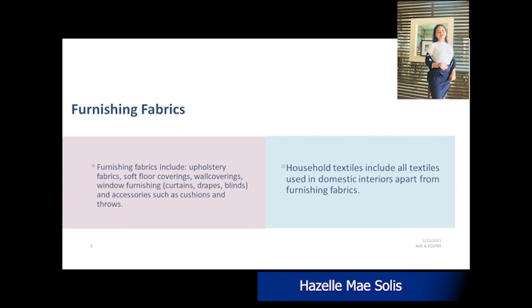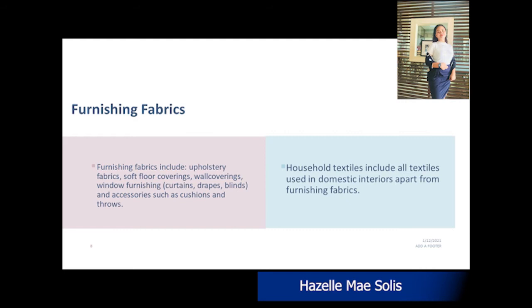Second, soft floor coverings. A soft floor covering is manufactured as rolled or flexible tiles. Its flexibility distinguishes it from hard floors such as stone or ceramic tile. Soft flooring is a popular option because of its comfort and wide range of colors and textures. Examples are carpet, linoleum, vinyl, and cork.